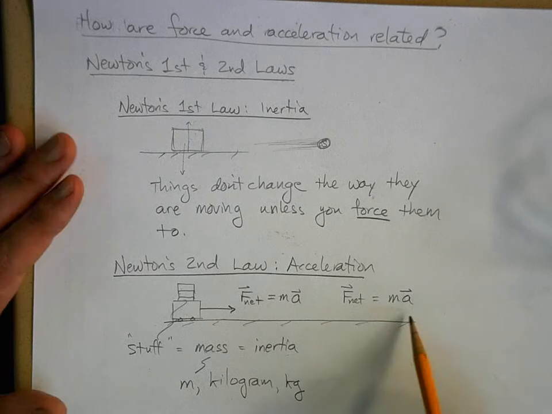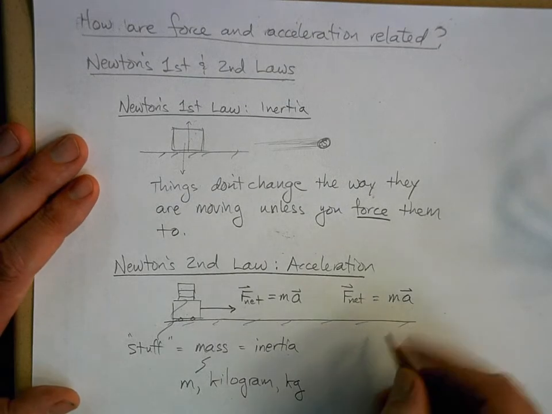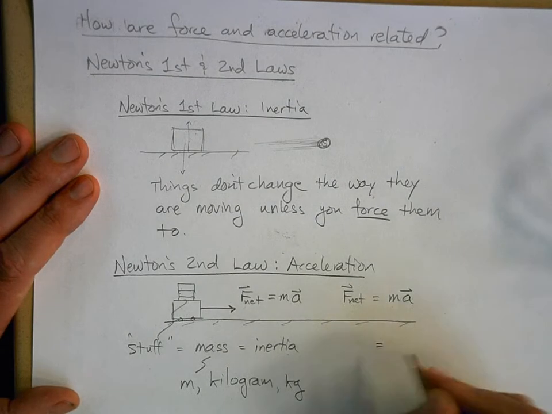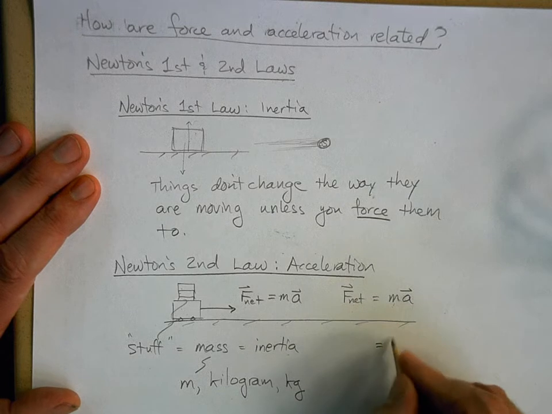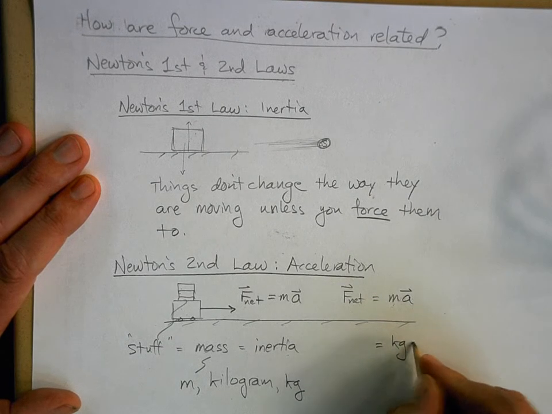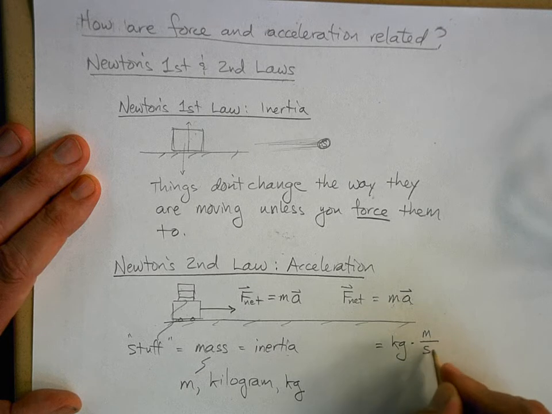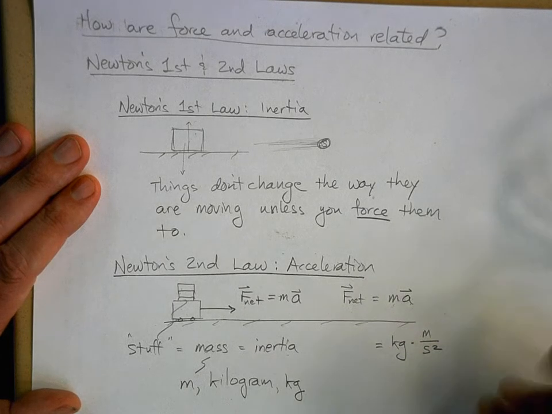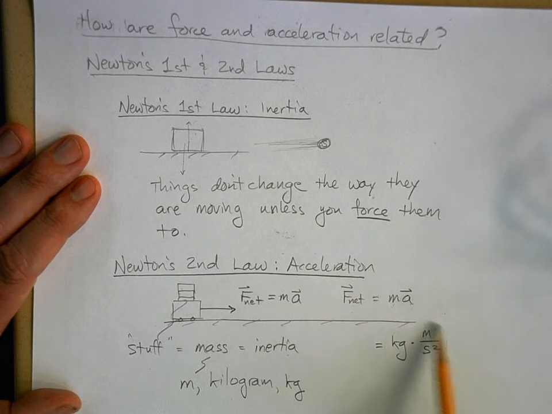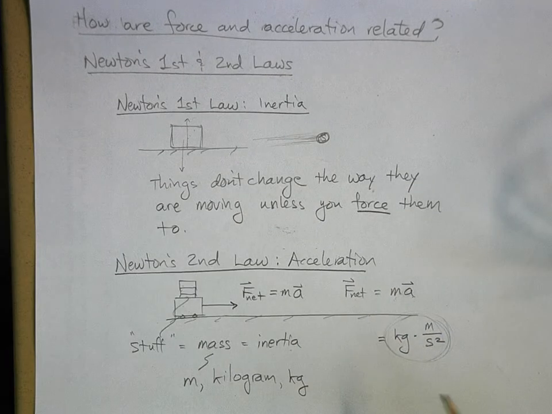Now let's take a look at this in terms of units. Mass is measured in kilograms. Acceleration is measured in meters per second every second, or meters per second squared. So we have a kilogram meter per second squared here. Well, we have a name for that combination of units.